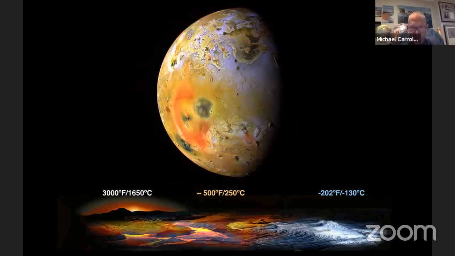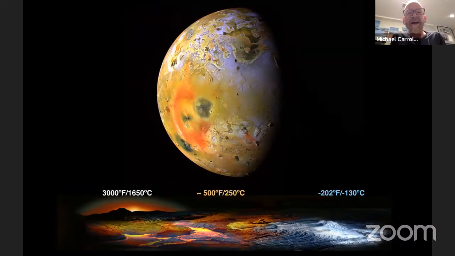But as that cools and the sulfur mixes with silicate stuff, and the temperatures drop down to about 500 Fahrenheit, you get these oranges and yellows in the flows. And then it gets really cold, minus 200 or so Fahrenheit, and you begin to get frost from sulfur dioxide and various related things. So color does line up on Io.